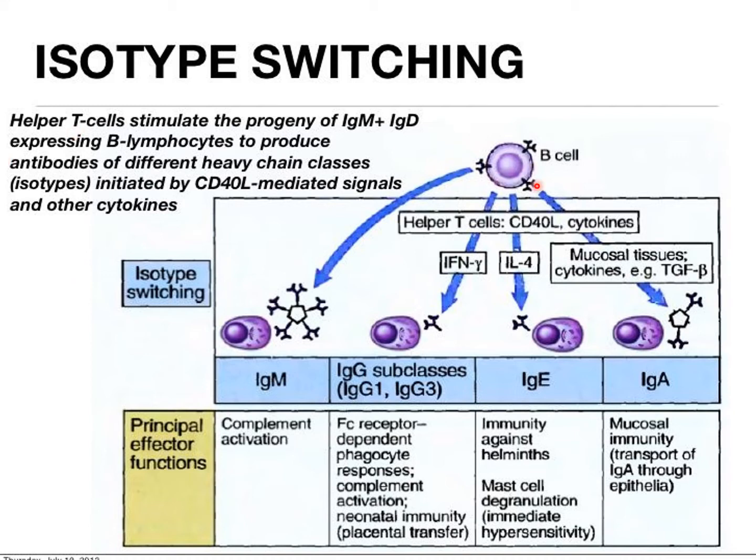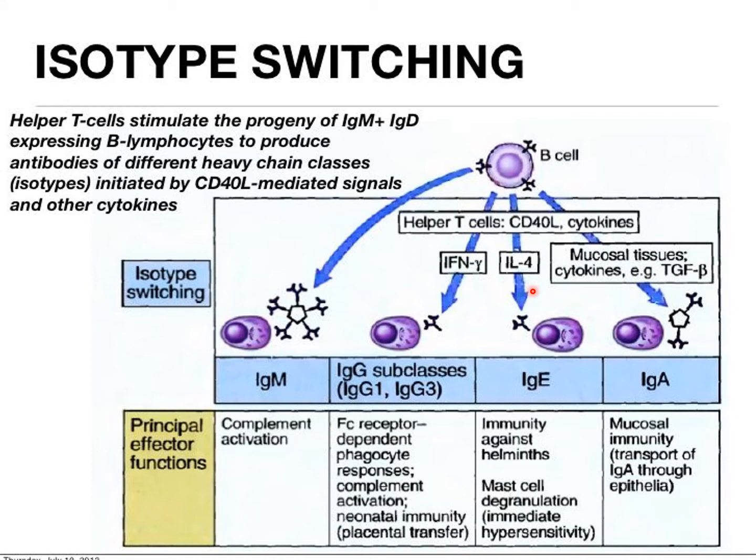So as you can see here, when the B cells are activated by T helper cells, there are specific cytokines that result in different classes of antibodies. Generally, the B cells produce IgM, but in the presence of interferon gamma, more IgG is produced.